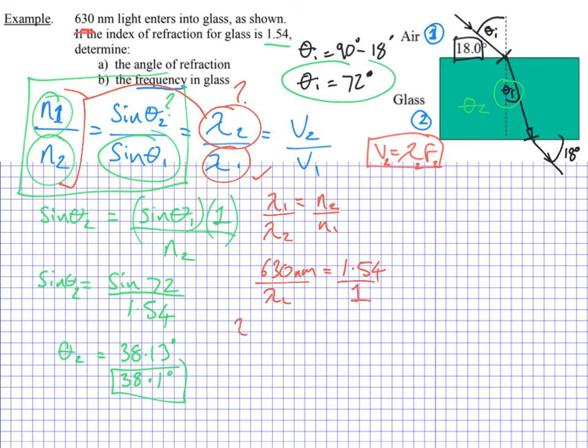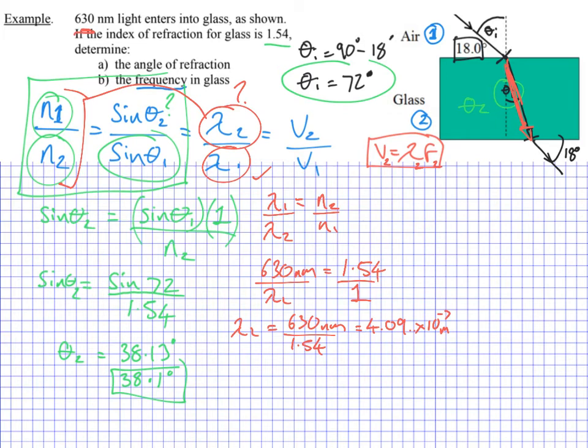Which means our lambda 2, the wavelength of light in the glass, if you plug all that in, is 630 nanometers divided by 1.54, and that's going to be 4.09, some other digits that we'll keep in our calculator, times 10 to the negative 7 meters.